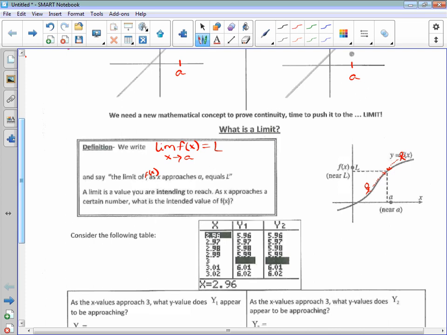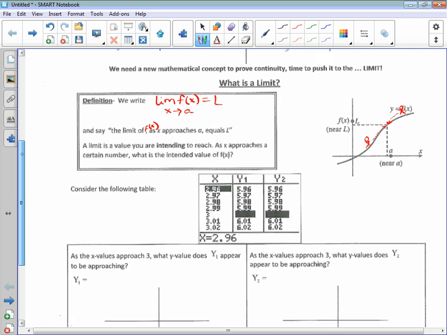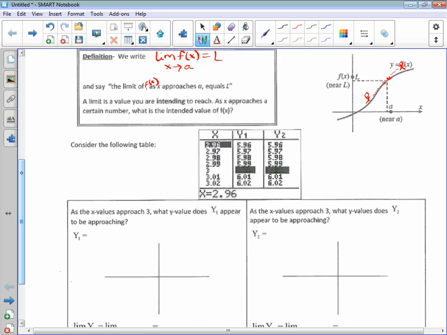Okay? So let's do some examples here. So the first one, this would be from your calculator. If you look at it, I asked you the limit of f of x as x approaches 3. You really don't need both y lists, you only need one.